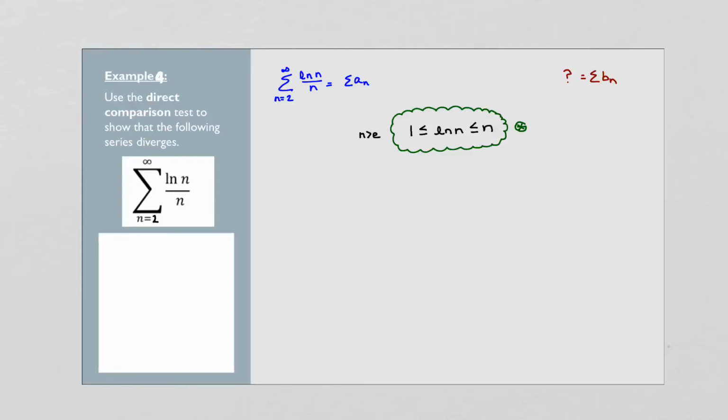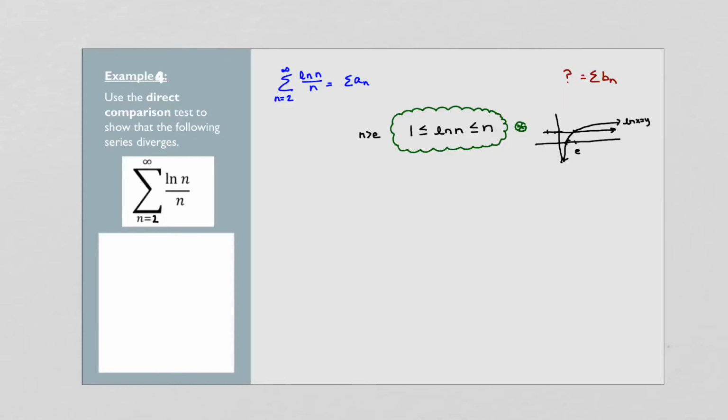And you can see it visually. If we were to look at the graphs of these functions, here we have some value e, and here we have 1. And the natural log function does this right here. So here's the natural log of x. If I have y equals the natural log of x, I have a certain function.